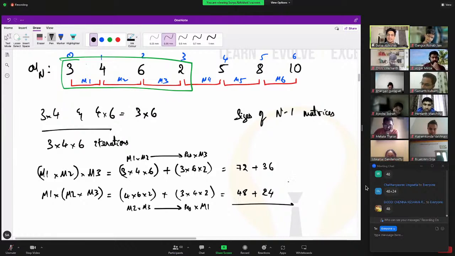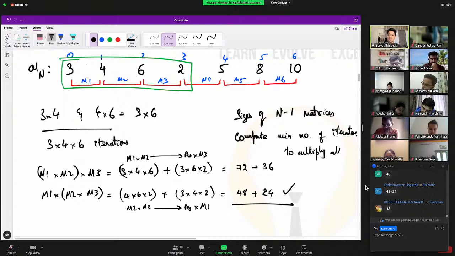And that is the question. You need to compute the minimum number of iterations to multiply all the given matrices.